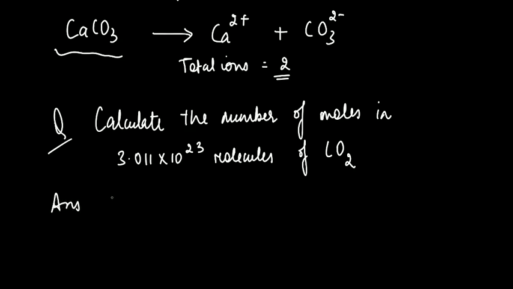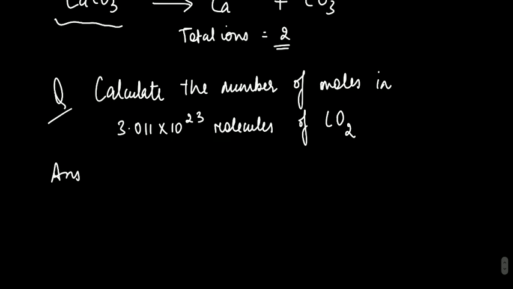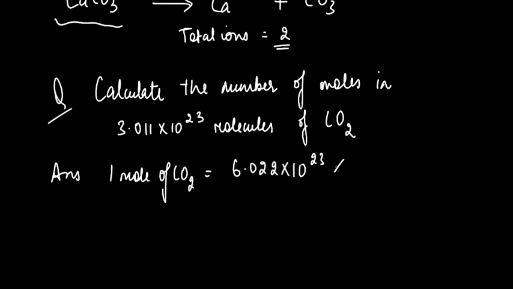So I'll be proceeding both in unitary method as well as in your formula based. So we'll write like this: 1 mole of carbon dioxide is equal to how many molecules? 6.022 into 10 to the power 23 into 1 molecule. 1 is indicating this entire is 1 molecule.